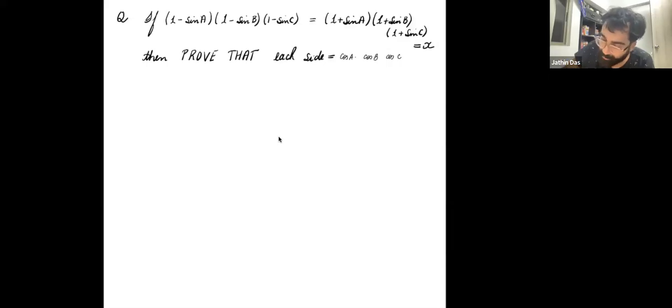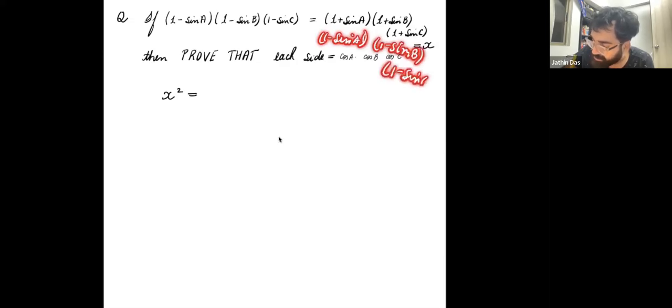Same thing, I'm multiplying 1 minus sine A, 1 minus sine B, 1 minus sine C. So left hand side will become x square. Now I'm multiplying 1 minus sine A here, 1 minus sine B here and 1 minus sine C here. Left hand side became the square of that. But what is 1 plus sine into 1 minus sine? 1 minus sine square.